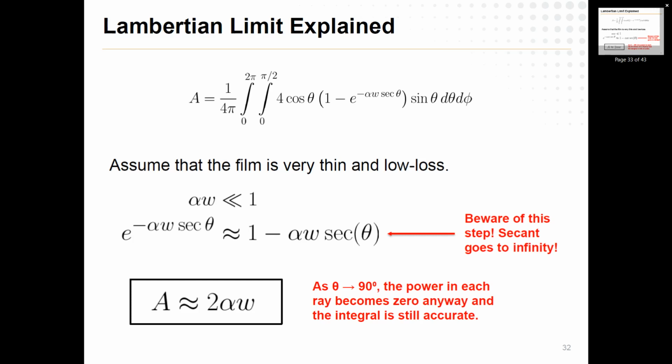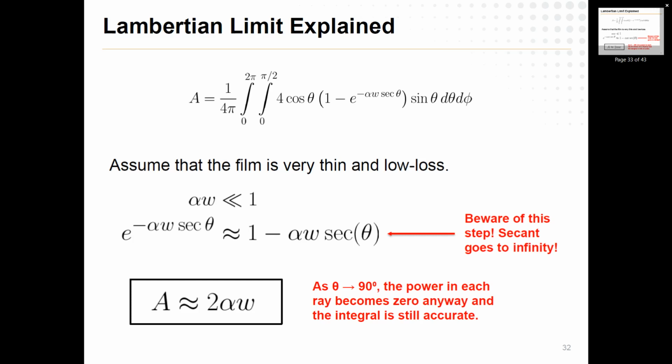So there's a little danger here, though, because this secant term wants to go to infinity, but then you weight it by the directivity, and that contribution goes to 0, so it still works. And so you perform the integral, and the total absorption on that first pass is 2 times the absorption coefficient times the thickness of my cell. So basically, it's as if the cell were twice as thick than it really was, just from that first pass from top to bottom.